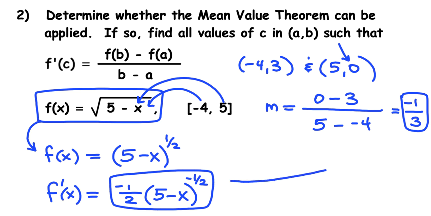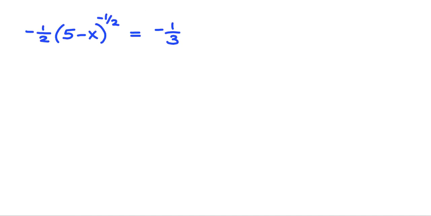All right, so that's the other portion of this. And we simply need to set these two items equal to each other. I'm going to make myself some more room to do just that. There we go, plenty of space now. Since both sides are negative, I'm going to go ahead and multiply by -1. That'll knock the negatives out.